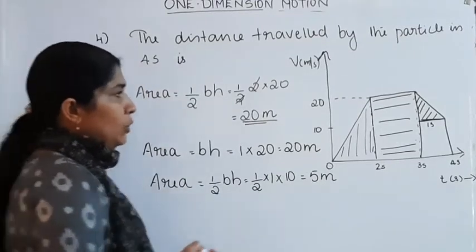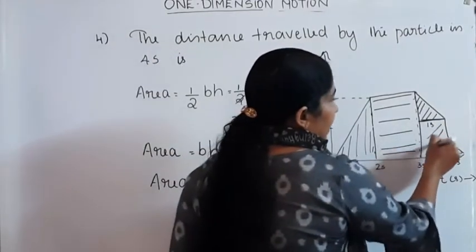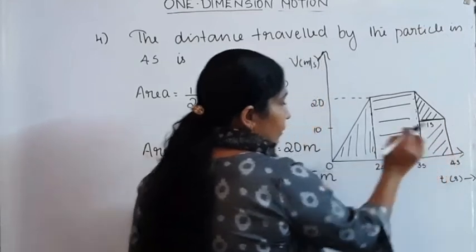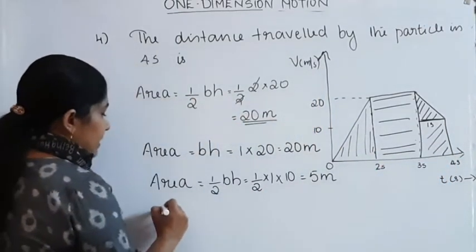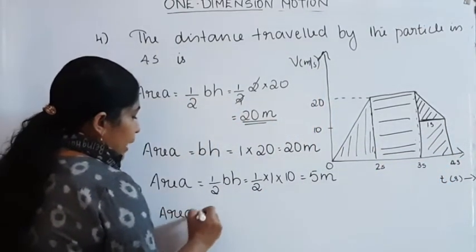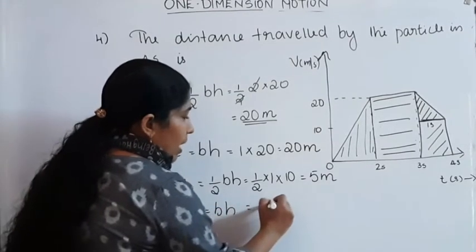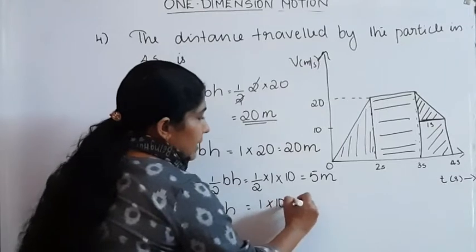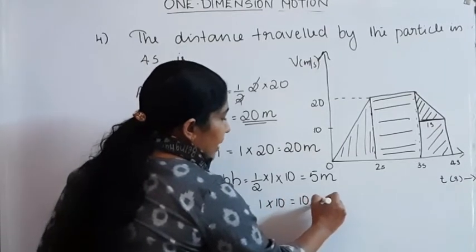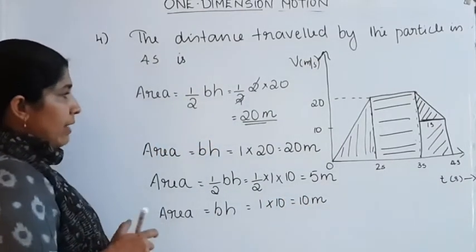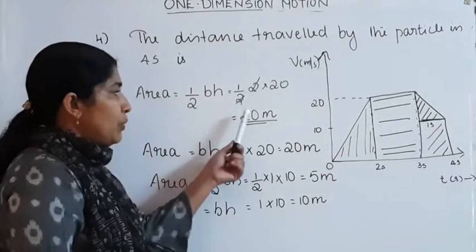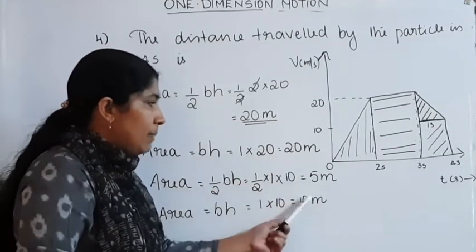Then what about the remaining area here? Remaining area here is a rectangle. Area is equal to B into H. Base is equal to 1 into height is equal to 10. It's equal to 10 meter. Then distance traveled is equal to 20 plus 20 plus 10 plus 5.